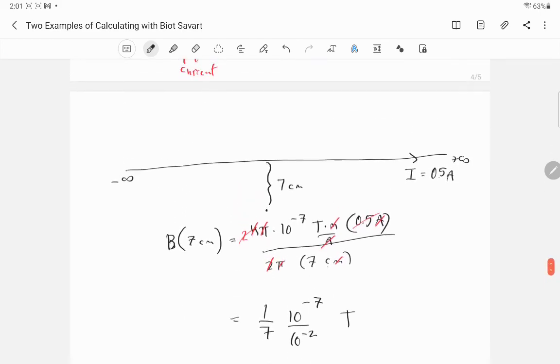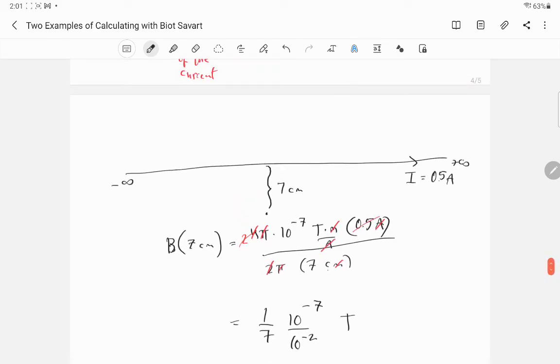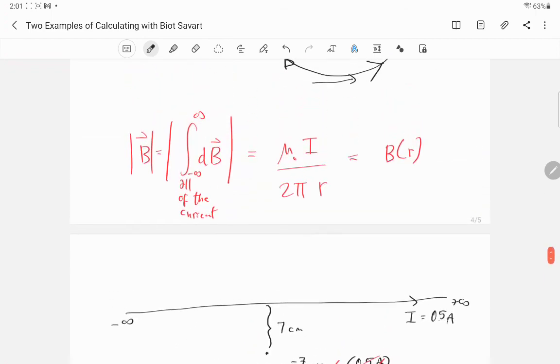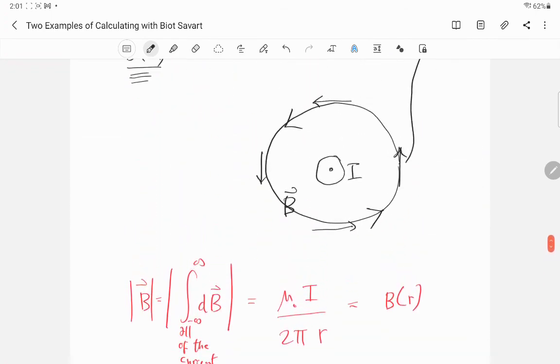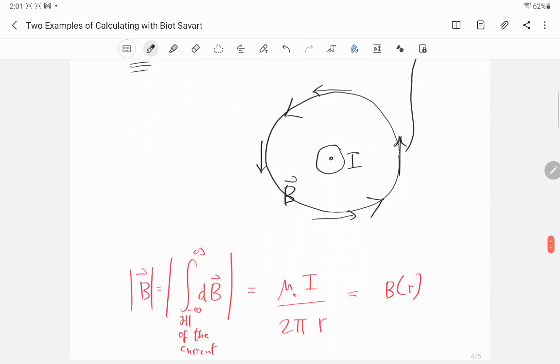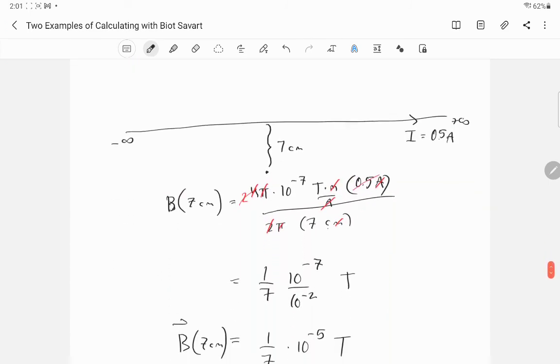But the thing is, I've got a current towards the right, and I asked down here, and really what I want to know is the vector. But all you've got to do is remember that the magnetic field below a current headed towards the right is into the screen, right? Or you can use the right-hand rule.